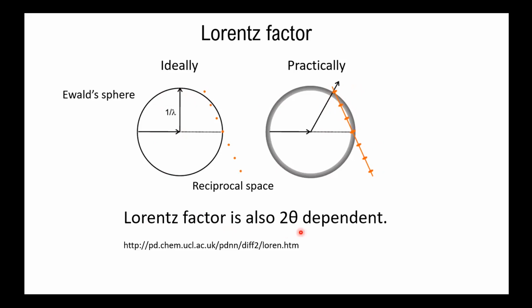So that's the message I want you to understand at this point, right? You need to know the Lorentz factor relates to the imperfection of this interception between reciprocal space and the Ewald sphere, and more importantly, it is two-theta dependent.